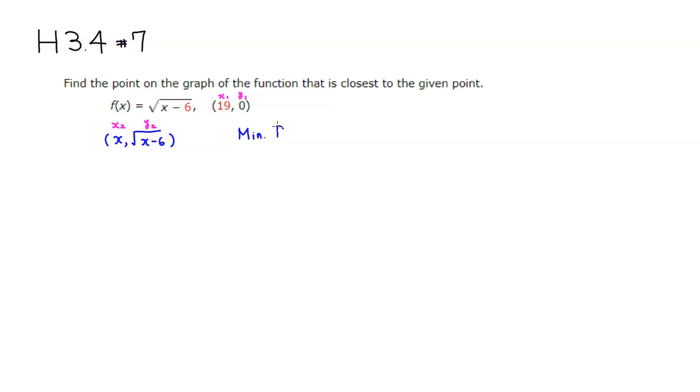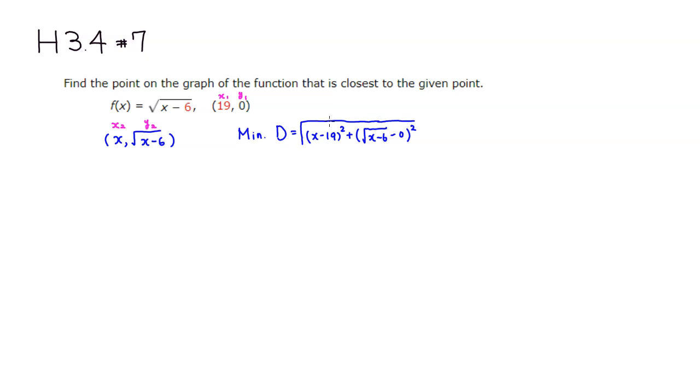This is equal to the square root of x2 minus x1, which is 19, squared, plus y2, the square root of x minus 6, minus y1, 0, squared. This is the quantity we want to minimize.